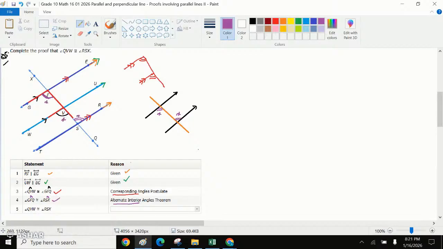And the last option that we have is they're asking us to show angle QVW is equal to RSX. RSX is equal to this angle, right?